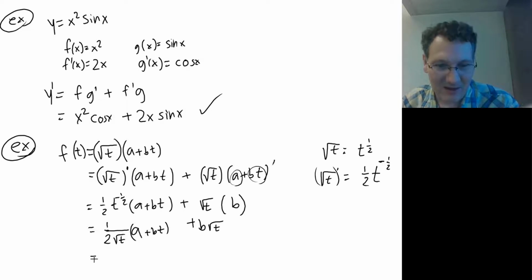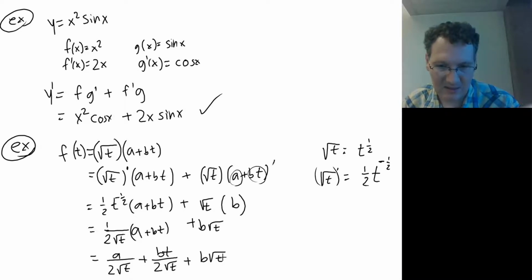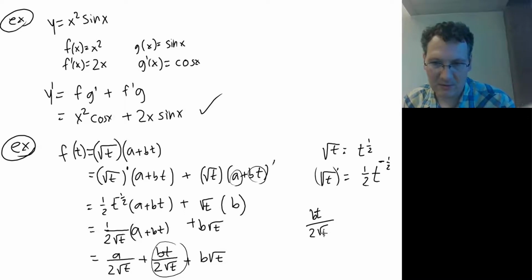So we've got, let's see, the first term, a over 2 root t plus b t over 2 root t plus b root t. Nice. The thing about this middle term is b t over 2 root t. t divided by the square root of t is just square root of t, so it's b times square root of t over 2.